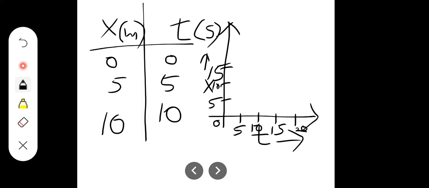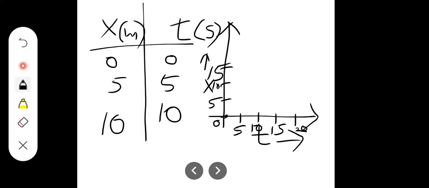Carefully look at it. When time is 0, position is 0, so you have to put a point exactly at the origin, the starting point.